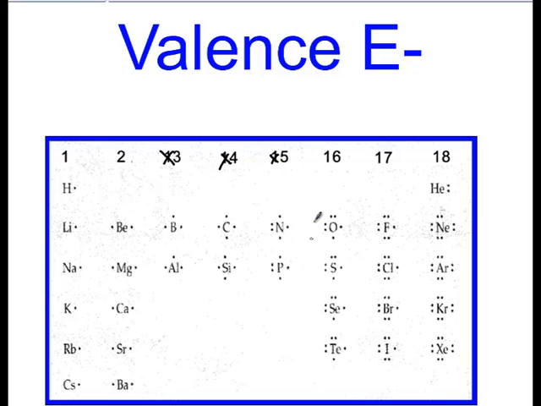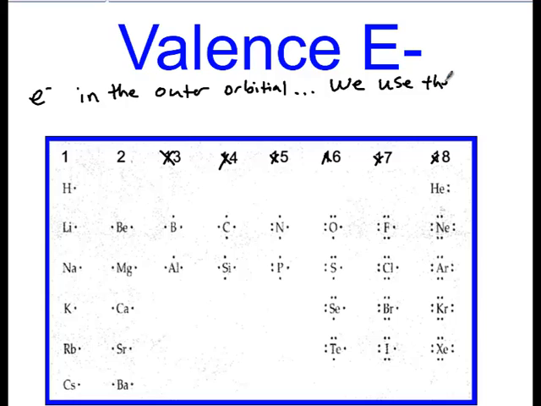Group 15, you've got 5, and so on. So we're going to do that until we get up to 8 valence electrons. And again, valence electrons are the electrons in the outer orbital. And basically, we use them for bonding.